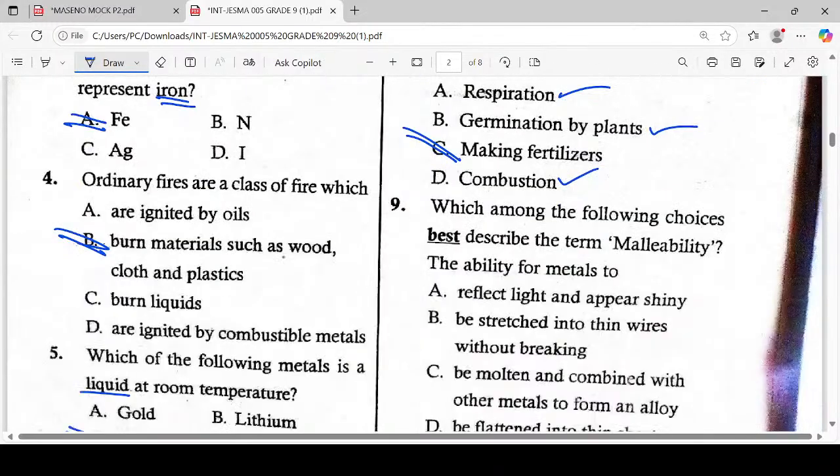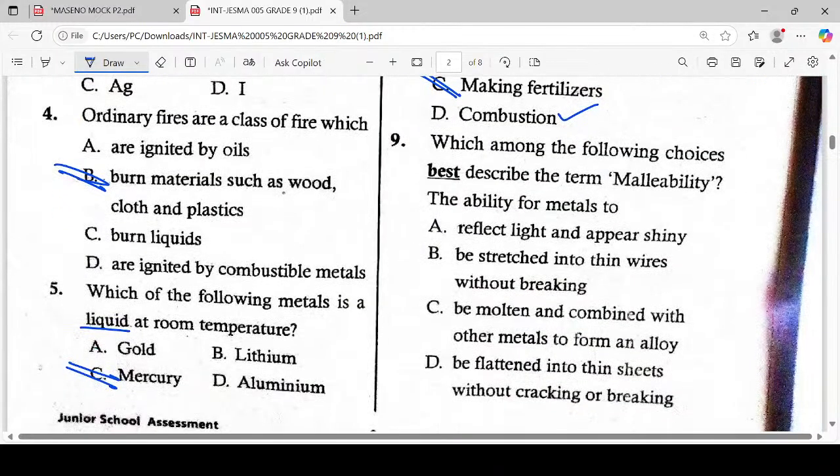Question number 9. Which one of the following best describes the term malleability? The ability of the metals to reflect light and appear shiny, we call that luster.